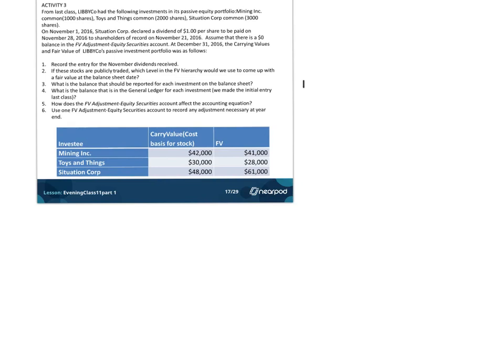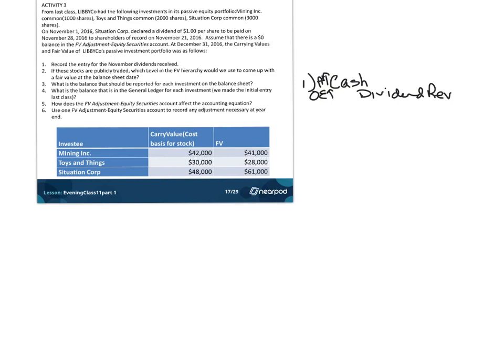Dividends were declared. That means we got cash, right? Made our assets go up. Cash, and we got dividend revenue, which you guys correctly recognize.